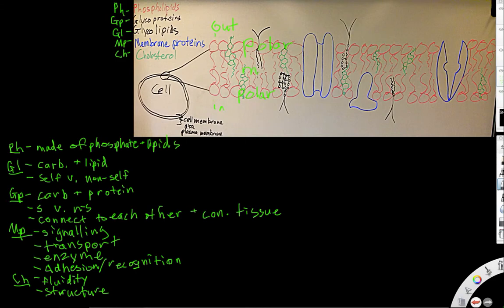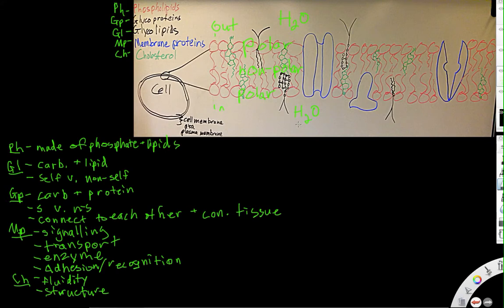And then we have the non-polar region. What is important about these is that the polar regions, both on the outside and inside, interact with water, or the interstitial fluid, or the cytosol, but those are mostly made of water.